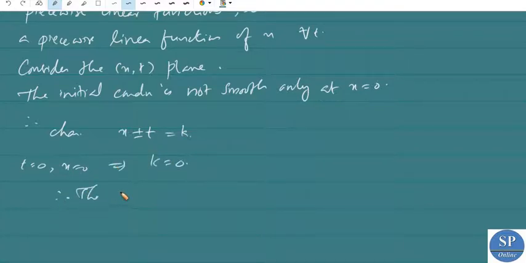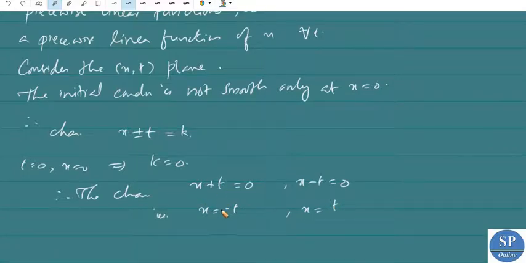Therefore the characteristics are given by x plus t equal to 0 and x minus t equal to 0. That is, characteristics are x equal to minus t and x equal to plus t. So these are the characteristics on the xt plane which are emanating from the point x equal to 0.